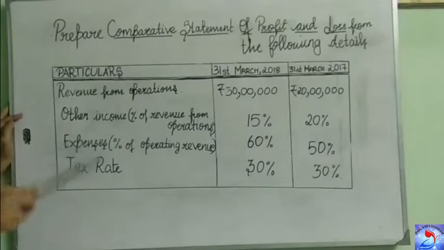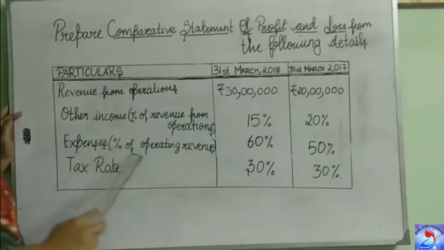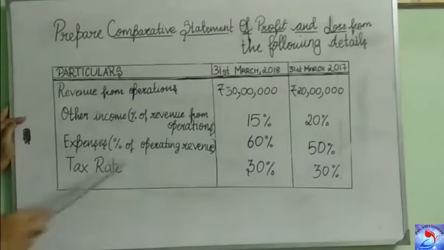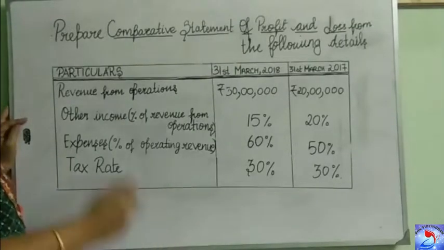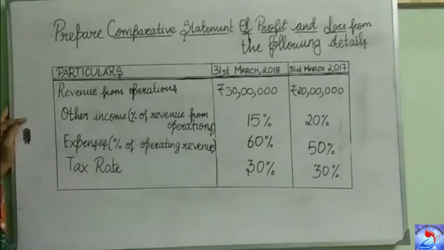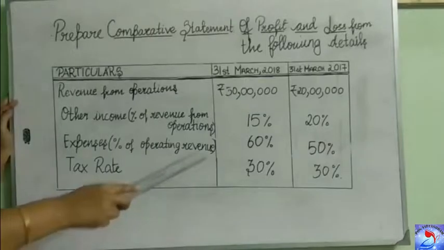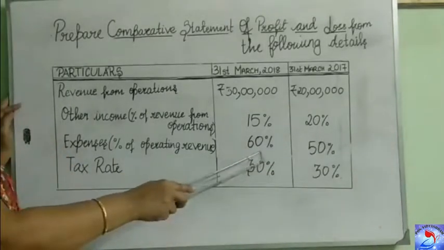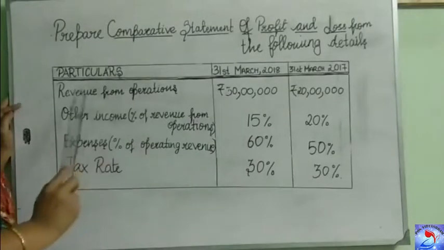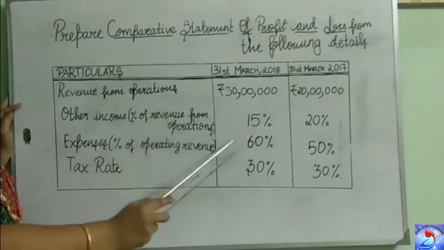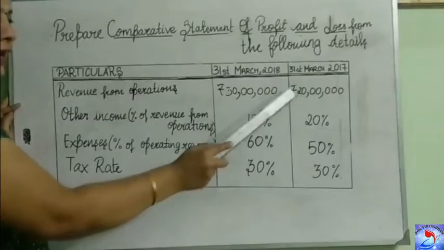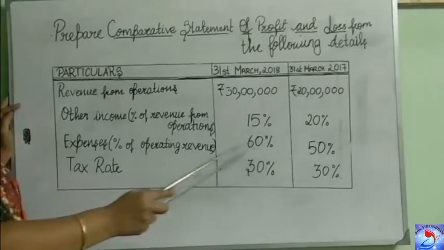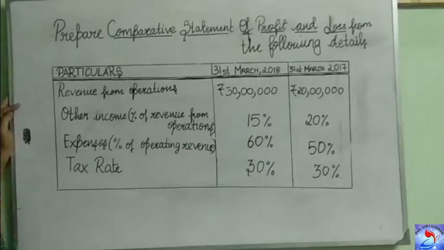Likewise, expenses are also given as a percentage of operating revenue. Operating revenue is nothing but revenue from operation. Here also they have not given the amount directly. They have given 60%, so 30 lakh into 60 by 100 gives the expenses.